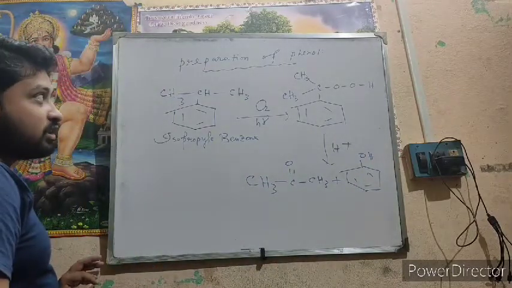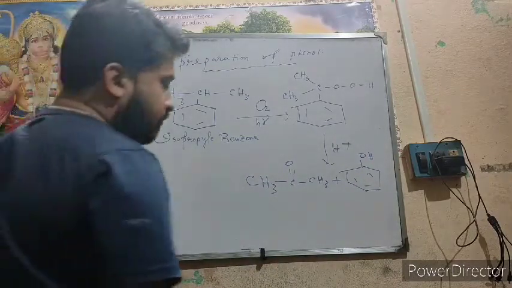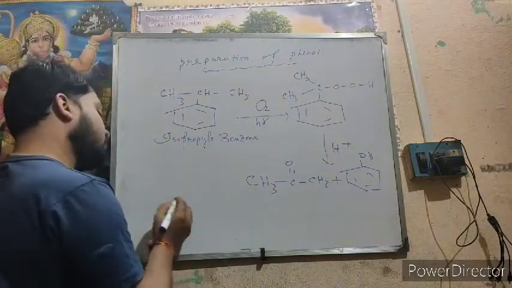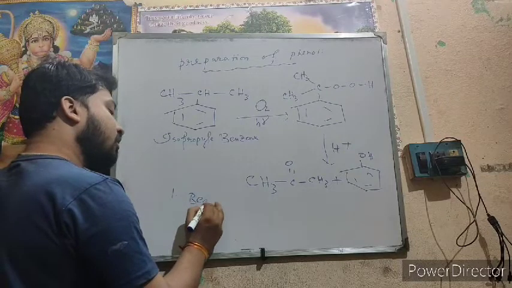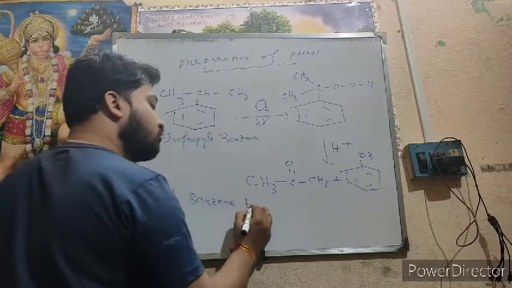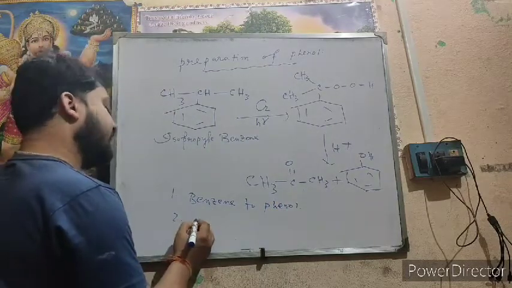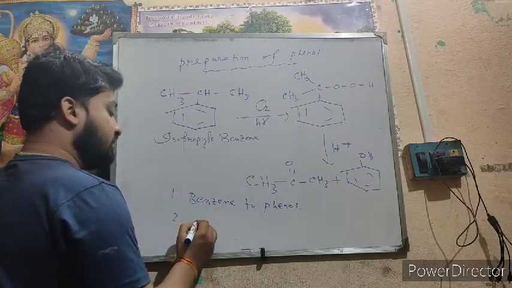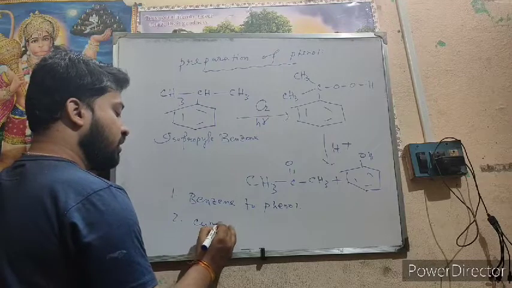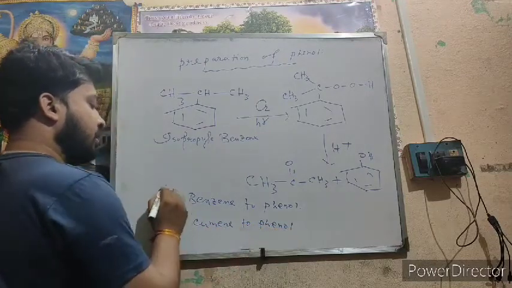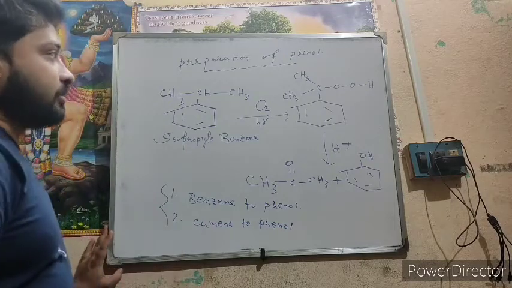So this is the preparation by cumene. The first reaction I gave you is benzene to phenol preparation, and the second is isopropyl benzene, that is cumene, to phenol preparation. These are two preparations of phenol.